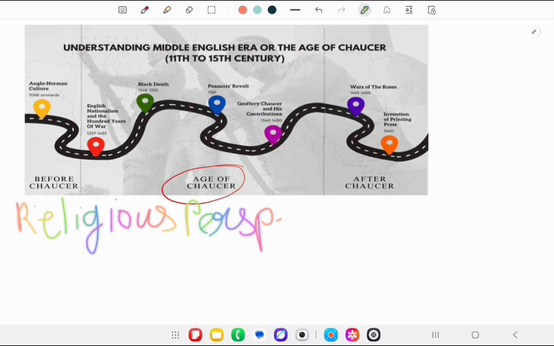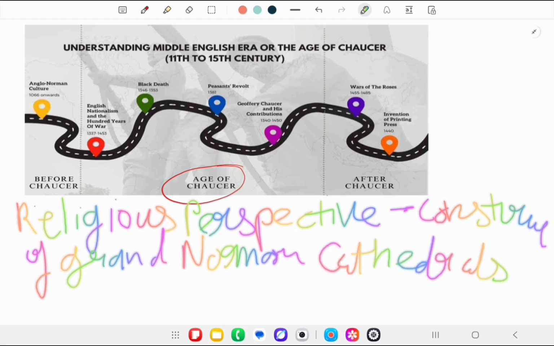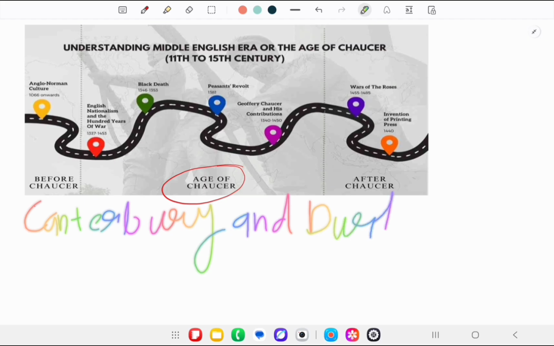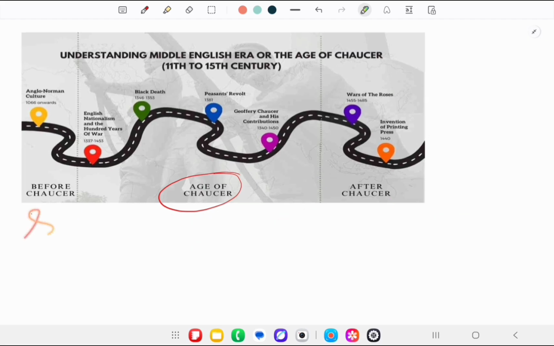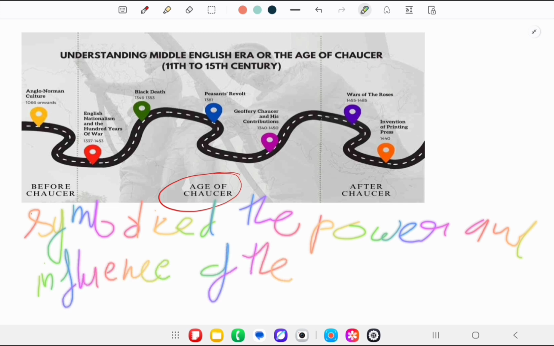The construction of grand Norman cathedrals, such as Canterbury and Durham, symbolized the power and influence of the church in Norman society.